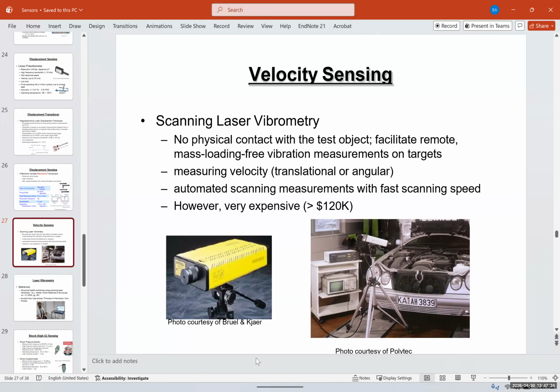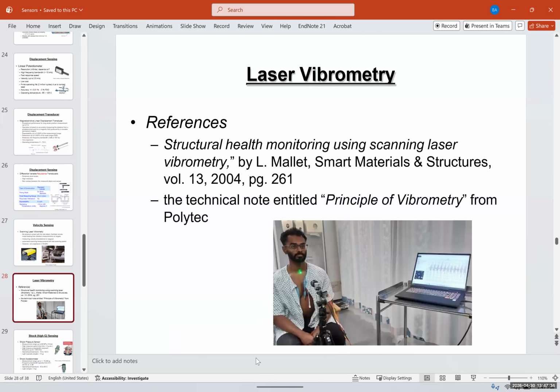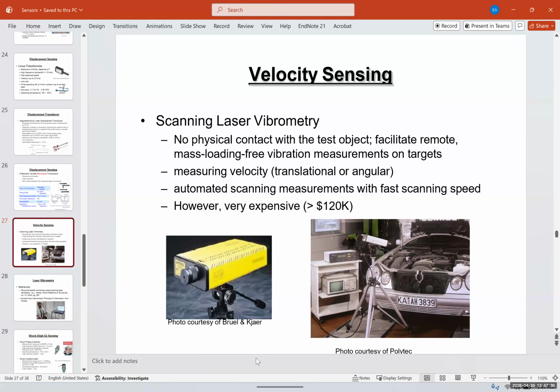They have automated scanning measurements with fast scanning speed. They are very expensive. This is an example which is used to measure the vibration on the engine of a car. These could also be used to detect voice and building vibration as well.